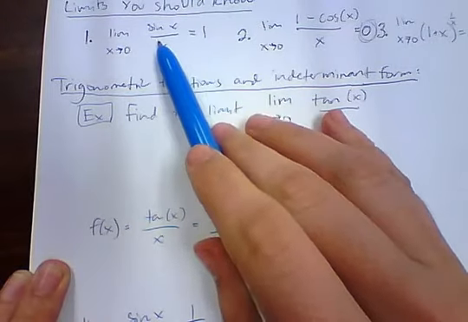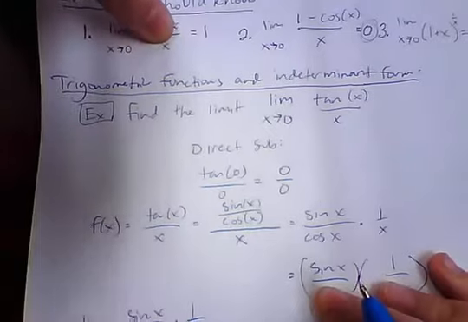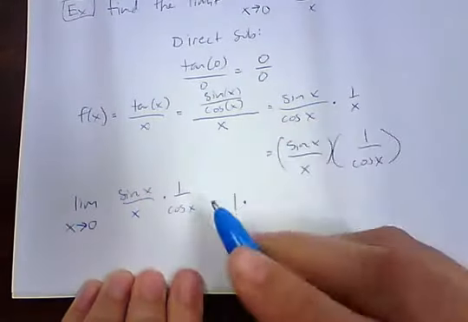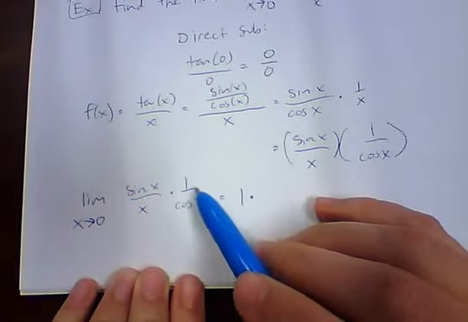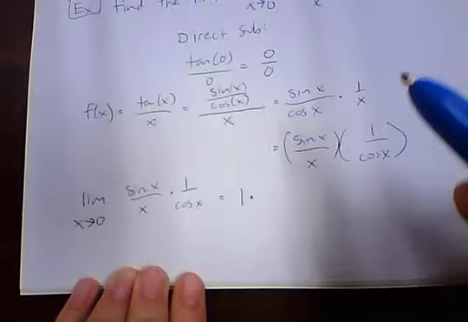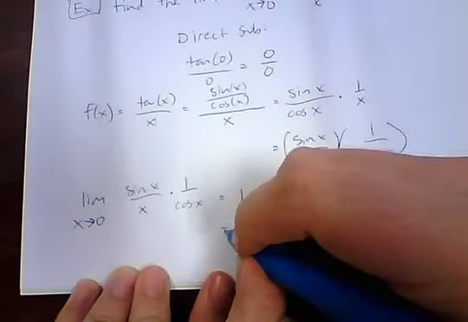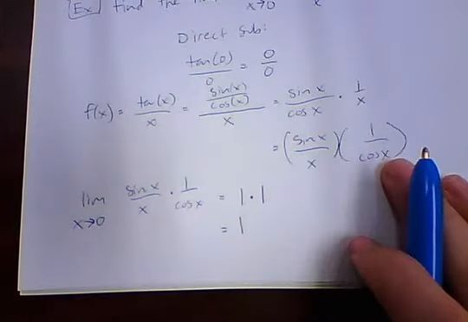Sine of x over x is 1. So we know the first piece is just going to be 1 times, and if we just do some mental math here, we know cosine of 0 is going to be 1, so 1 over 1 is going to be 1. And then we get the answer 1.